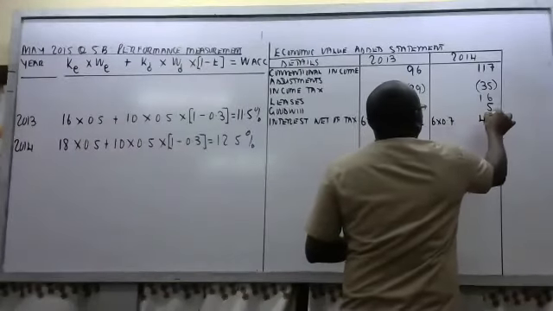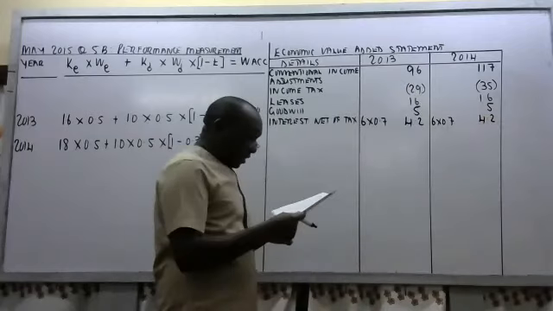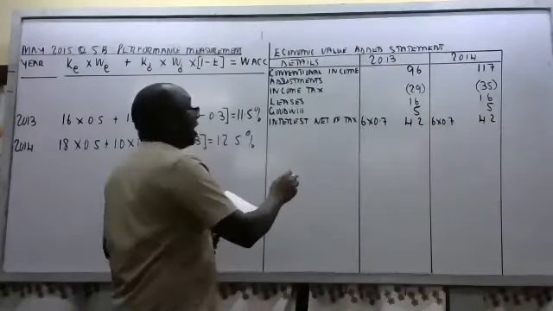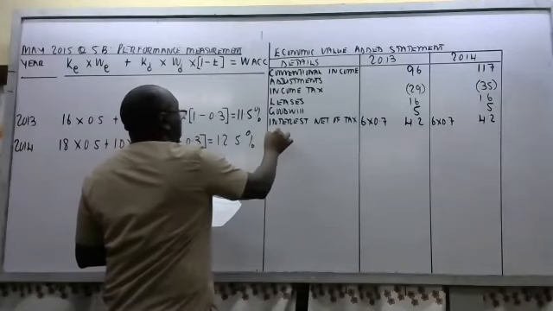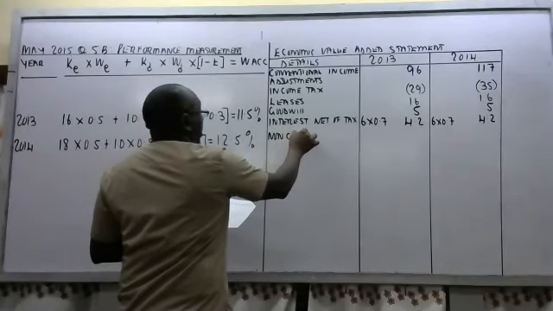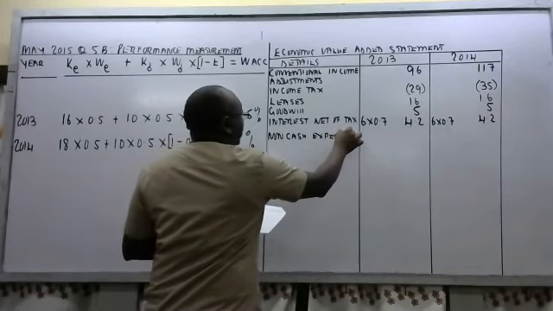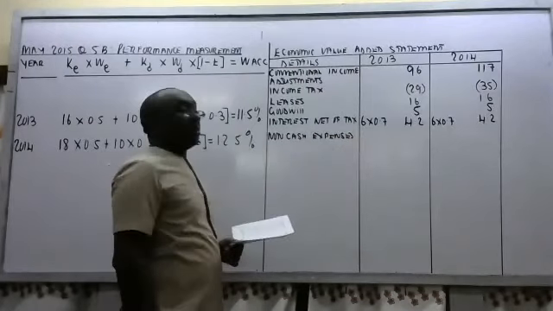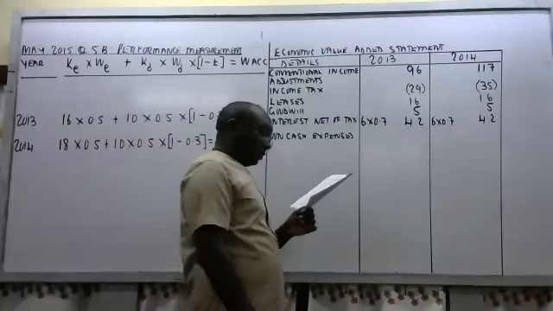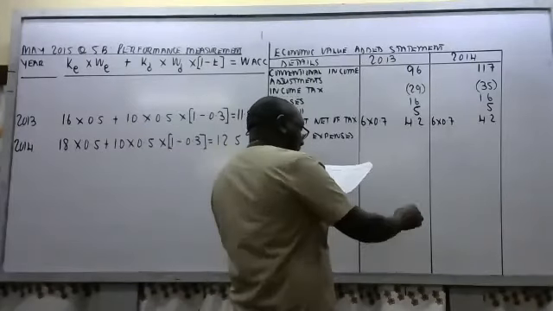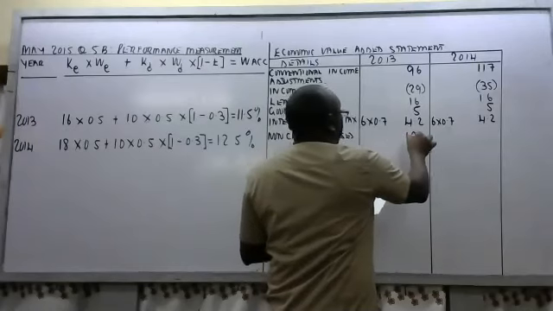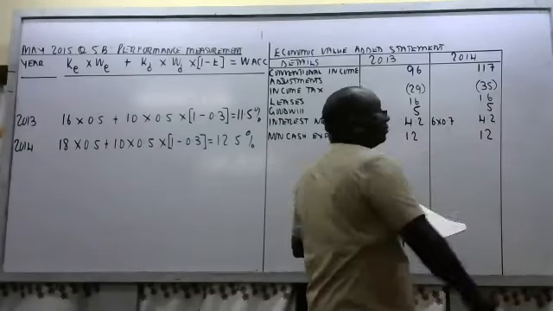The next thing that you need to add back is non-cash expenses. These are expenses like provisions for doubtful debts, depreciation, and so on. You are supposed to add them back, 12 million here and 12 million.